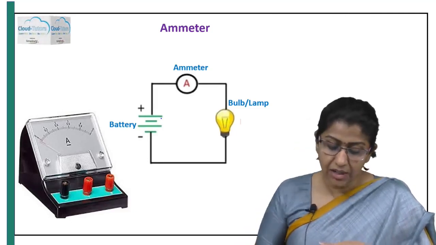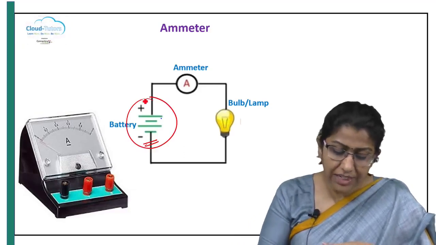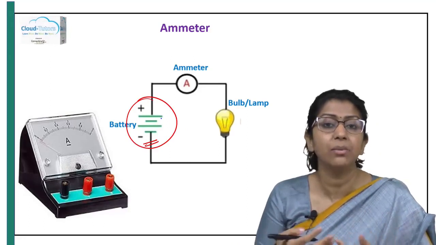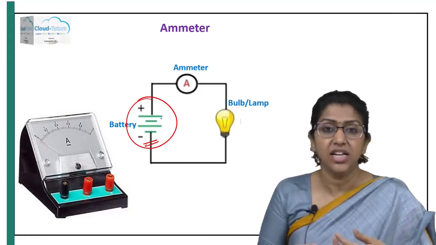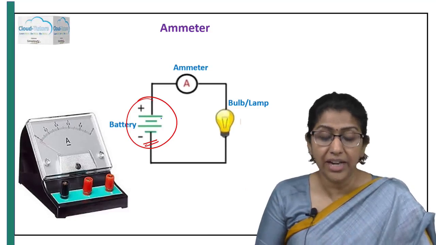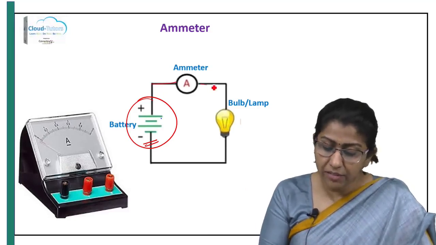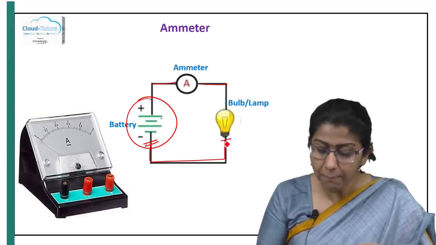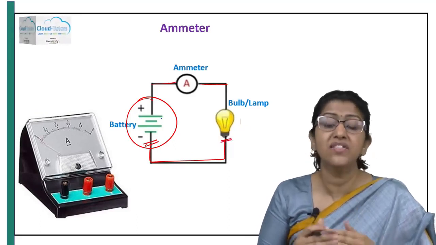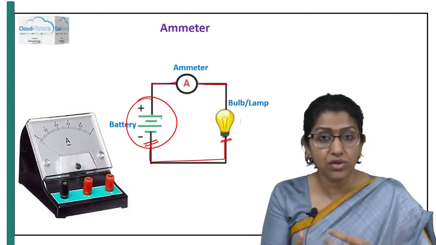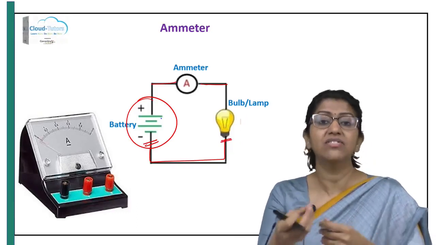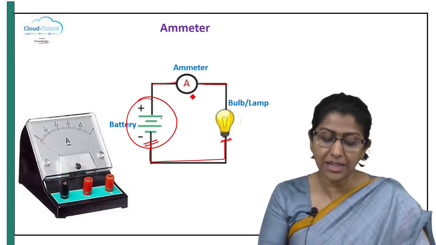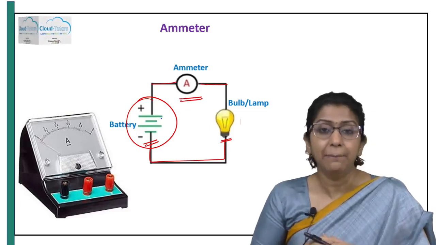There is a source which supplies the required energy that gets the electrons going. This black line shows the electric circuit, and here is a bulb. It's a very simple setup, as you have seen in the demo, where the bulb glowed when we completed the circuit using conductors. But there is an extra component, that is the ammeter.